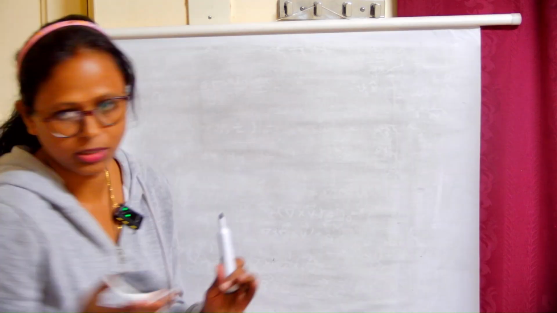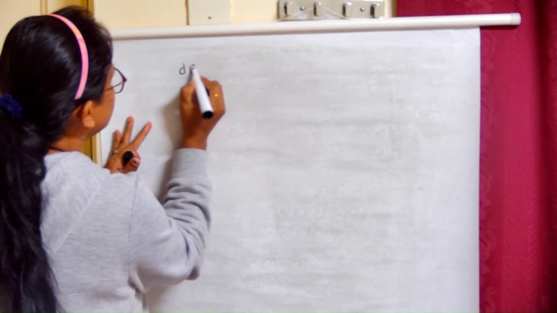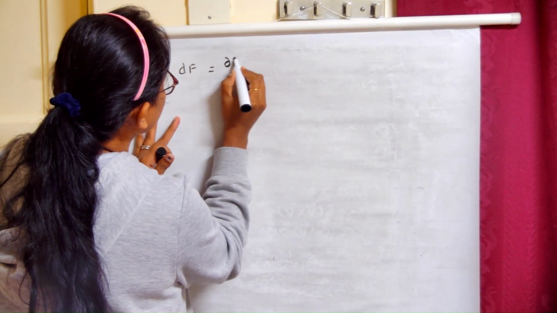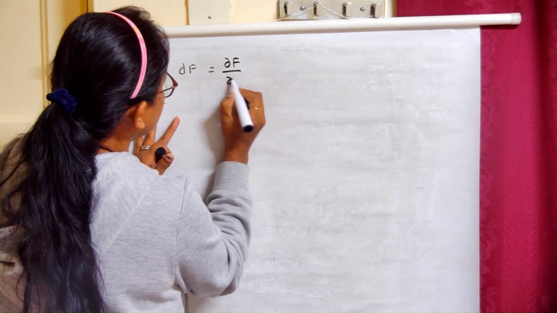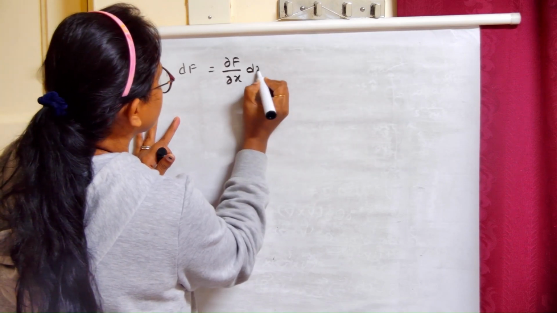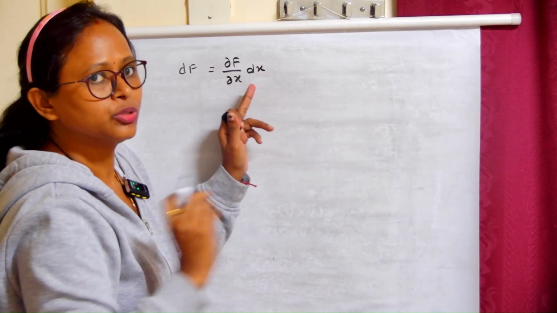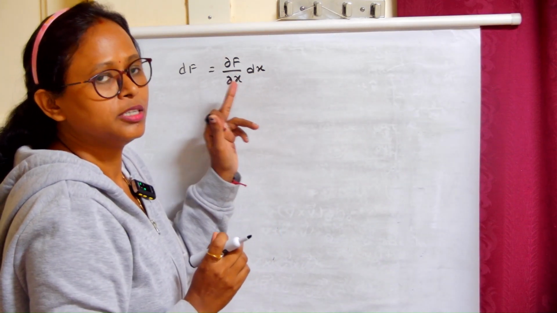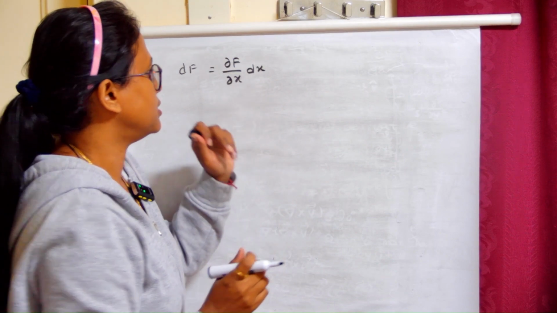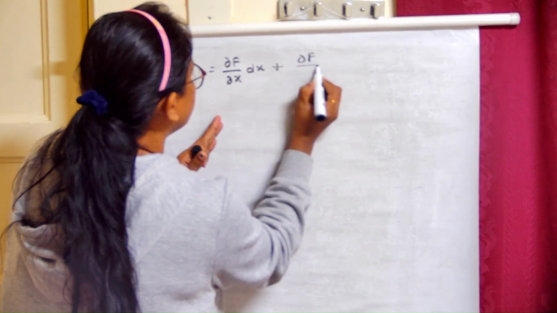So now let us write derivative of function f. df in this case will be dou f by dou x along through the infinitesimal displacement happened across x, which is denoted as dx, and dou f by dou y.